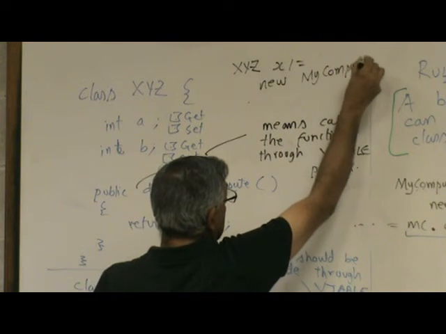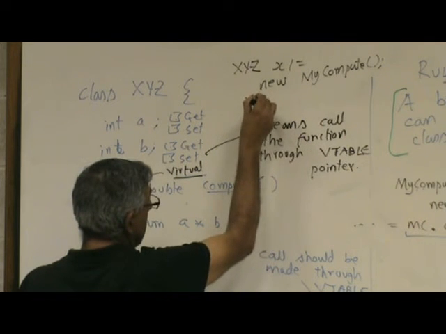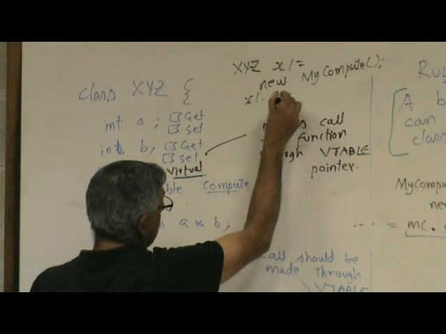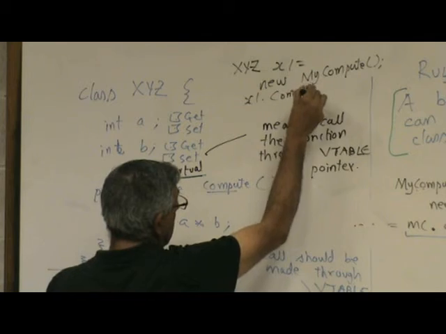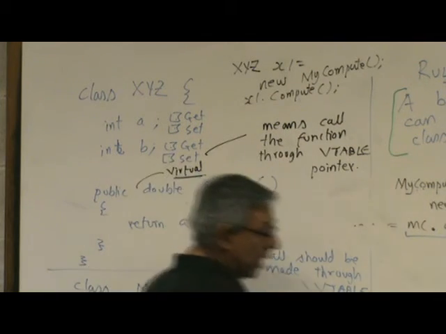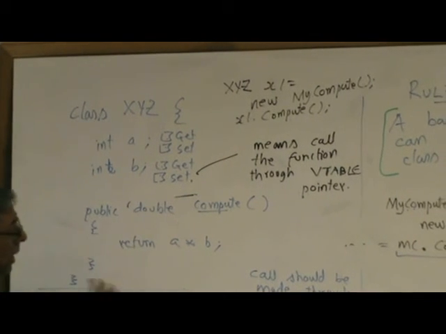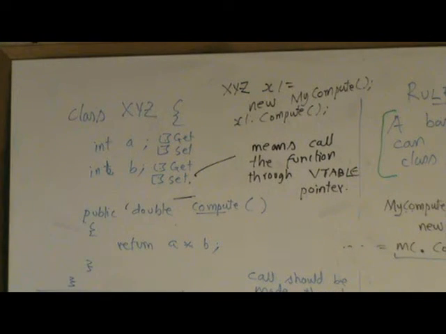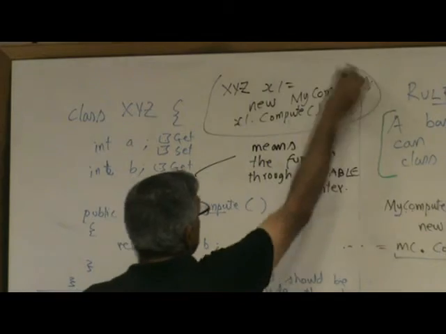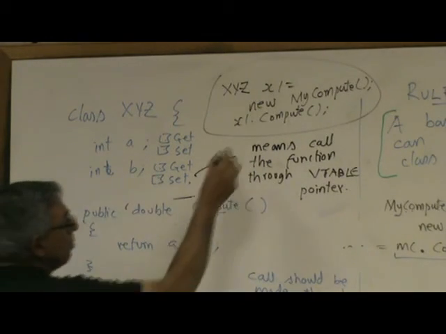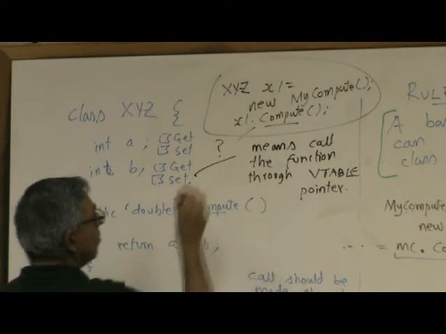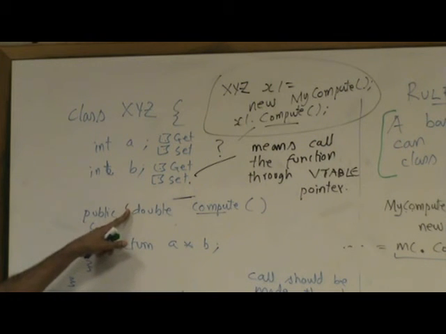I created an object of MyCompute, and then I tried to call x1.compute. And I eliminate this virtual keyword. So even though I'll get a warning, I leave the warning, and this is the code I wrote. Which compute will be called over here if there is no virtual?